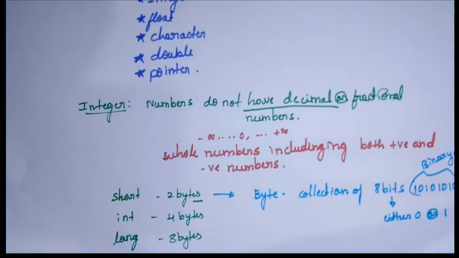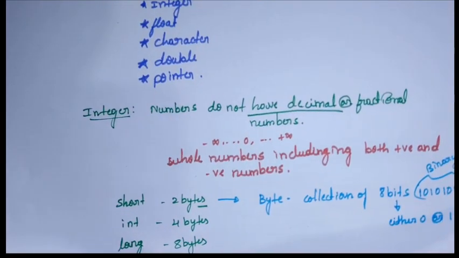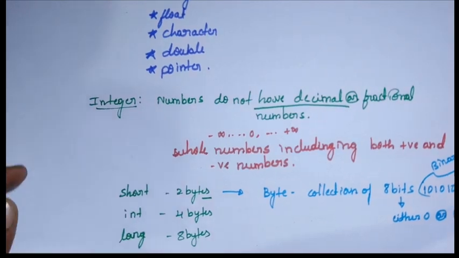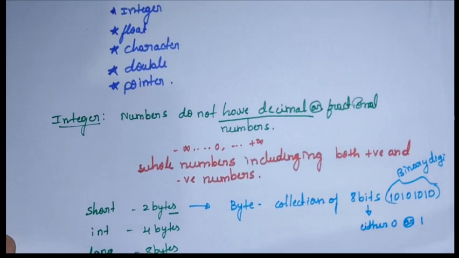What is the drawback of the integer data type? It can only store whole numbers; it does not contain decimal or fractional numbers. To overcome this drawback, we have another data type, that is float.